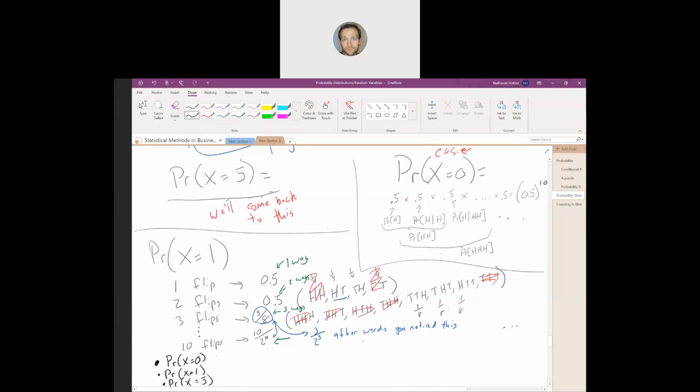So the probability that x equals 1 is the probability of getting all tails.